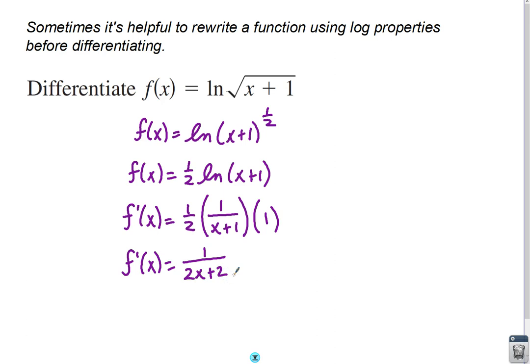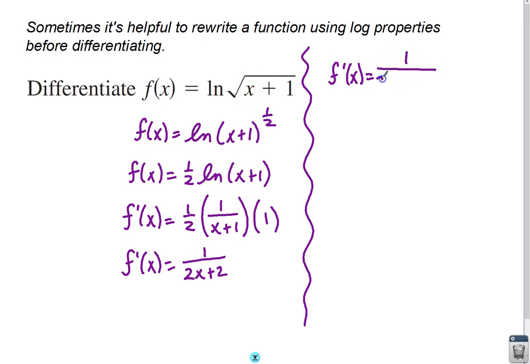What if we had done this without rewriting using our log properties? So in that case, okay, I mean we can do this. So f prime of x would be, the derivative of the natural log is 1 over everything on the inside. So it would be 1 divided by the square root of x plus 1. But then I have to take the derivative of the square root of x plus 1.